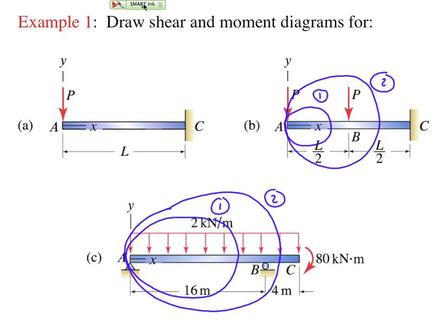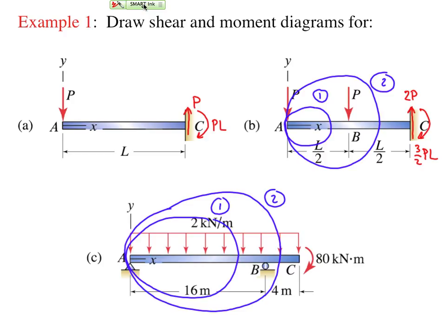Vertical force equilibrium will require a reaction here equal to P, and also a moment reaction equal to P times L. For 1b, vertical force equilibrium will require a reaction equal to 2P and a moment reaction equal to 3/2 PL.